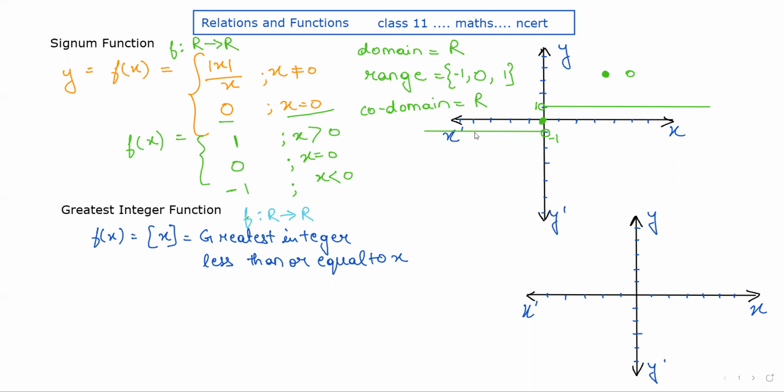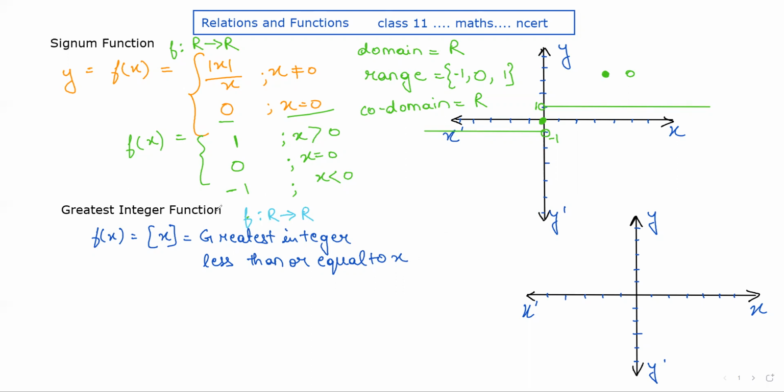Its equation is f of x equals box x or square x or GIF x. This symbol looks like square brackets. Its meaning is that the square bracket of x is equal to the greatest integer less than or equal to x.